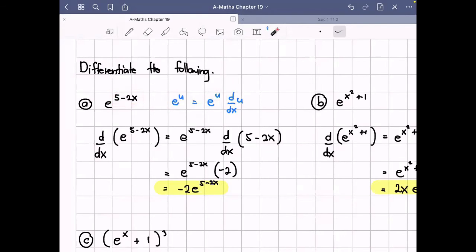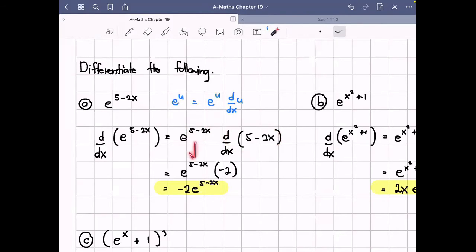So for example, you're given this question, right? Now, the derivative of this is again, just write the whole thing again. And then you need to get the derivative of your exponent, the 5 minus 2x.